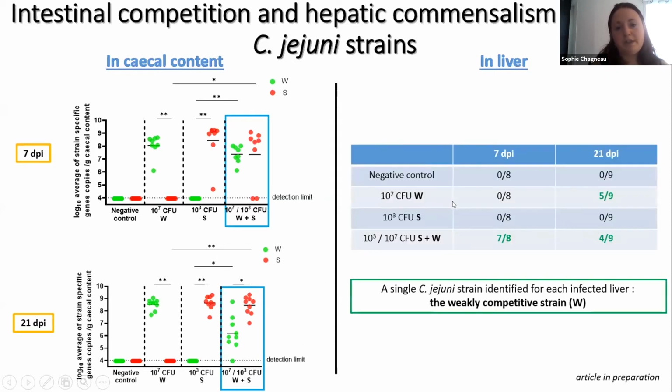Moreover, we observed an extraintestinal spread to the liver for the W strain in birds infected by both strains at 7 dpi and 21 dpi, and in birds infected by W strain alone at 21 dpi only. With these results, it seems that both strains compete in the cecum, and the presence of the S strain would accelerate the extraintestinal spread to the liver of the W strain.